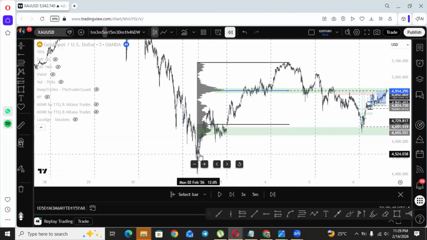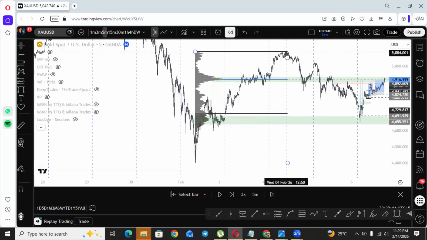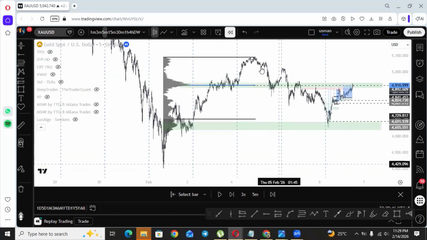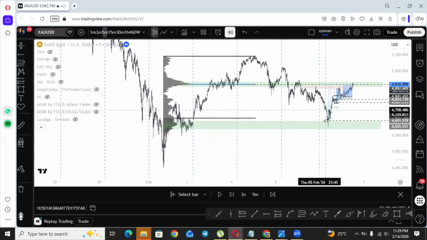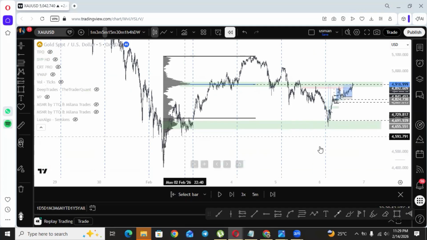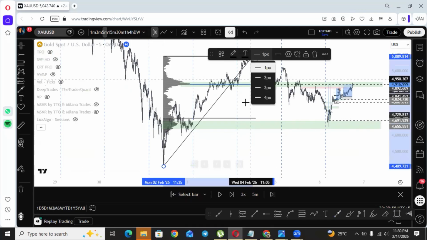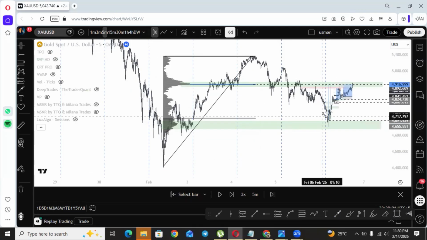I draw it from the low of this leg to the high of this leg. Why? Because market was retracing, ranging, or inside this leg. Market was inside this high to low, so I had to draw the volume profile of this high to low.